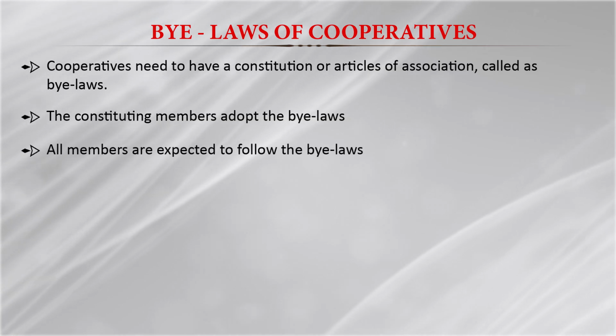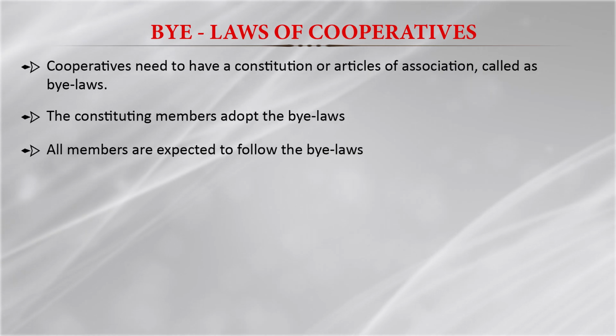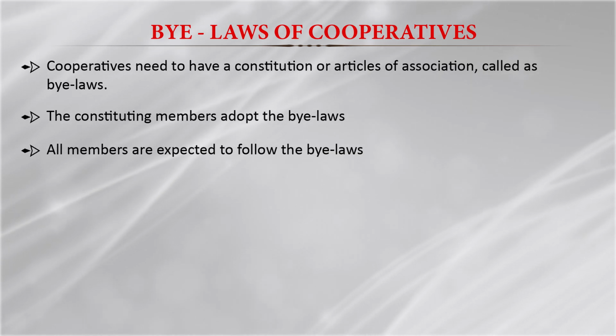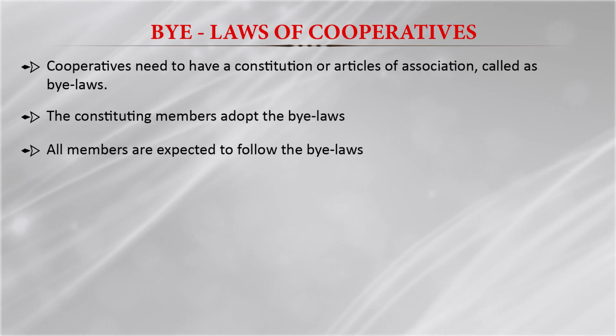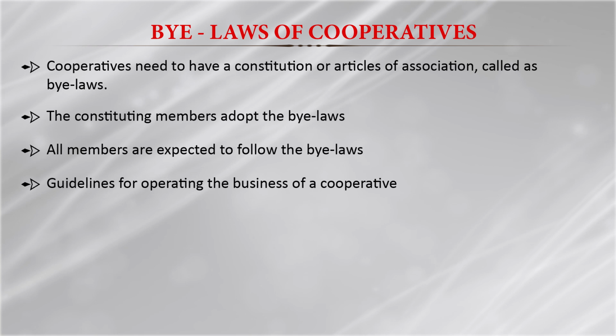All the members of the cooperative society need to follow these by-laws in the functioning and operation of the cooperative society. So basically, by-laws are the guidelines for operating the business of a cooperative.